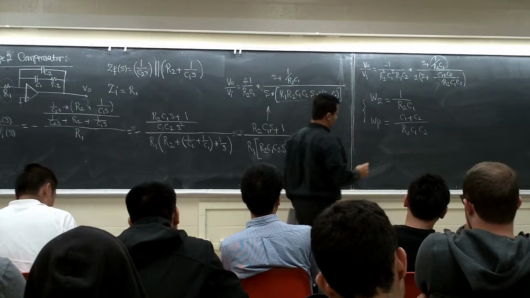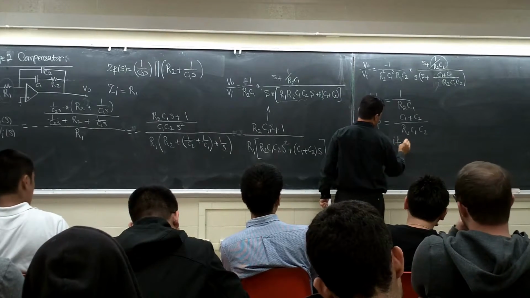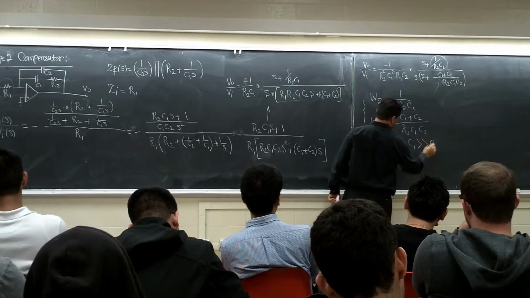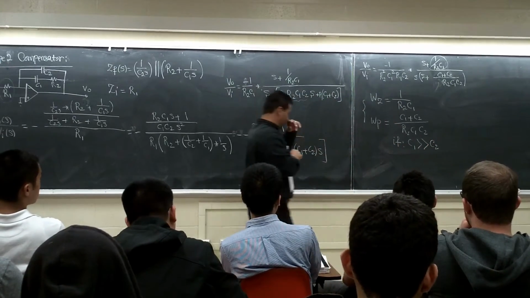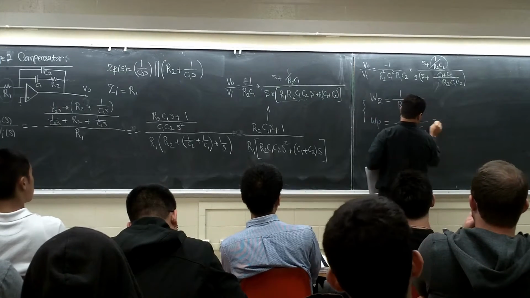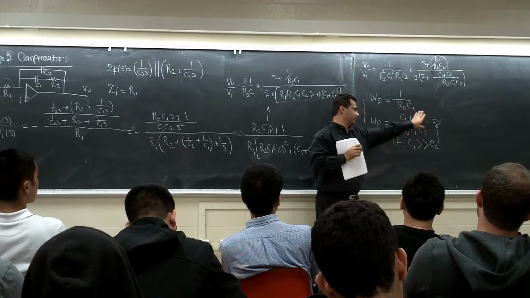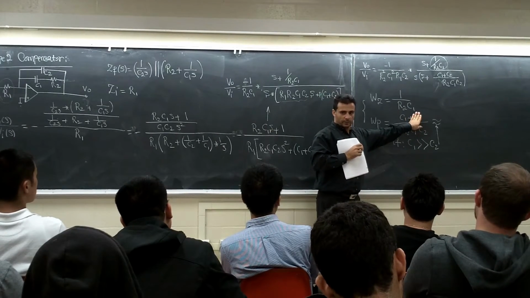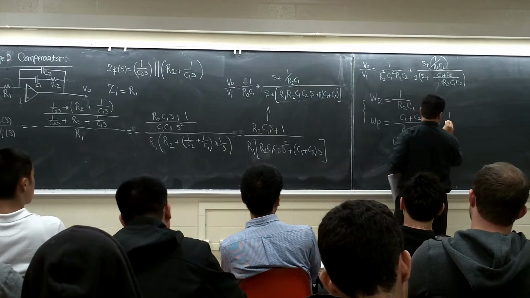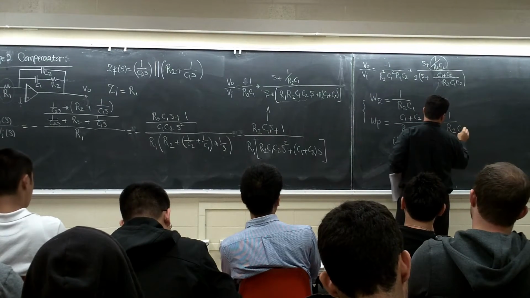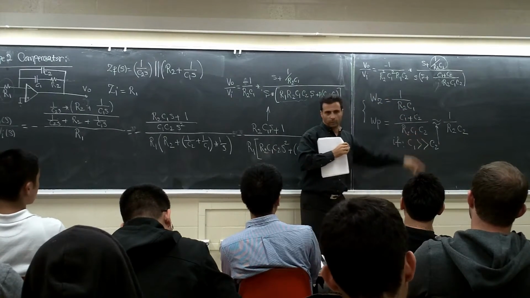So if C1 is very, very much bigger than C2, this is what we do within the design. How much is omega p? If C1 is very, very much bigger than C2, this one is gone, right? So 1 over R2 C2. So omega z is 1 over R2 C1, omega p is 1 over R2 C2.